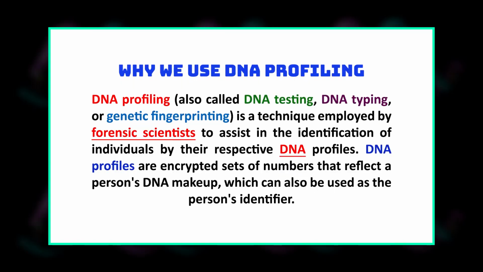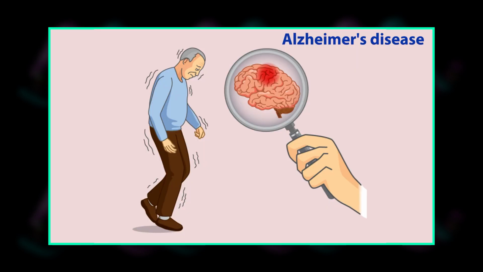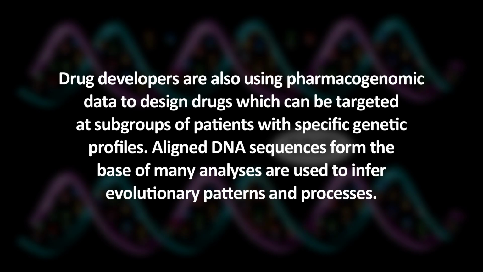Individual genetic profiling is already being used routinely to prescribe therapies for patients with HIV, breast cancer, lymphoblastic leukemia and colon cancer, and in the future will be used to tailor treatments for cardiovascular diseases, cancer, asthma, Alzheimer's disease and depression. Drug developers are also using pharmacogenomics data to design drugs which can be targeted at subgroups of patients with specific genetic profiles.